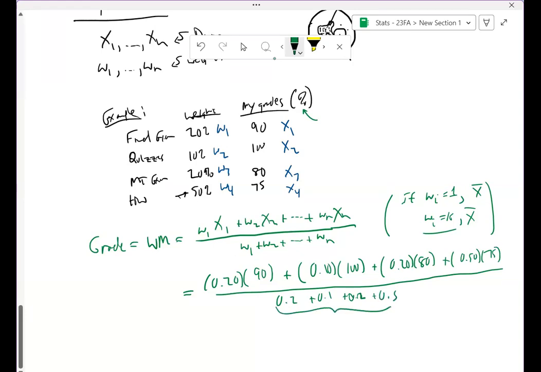And in this case, the weights sum to 1, so we can get rid of the denominator. And if we do this calculation, we get 0.2 times 90 plus 0.1 times 100 plus 0.2 times 80, and then plus 0.5 times 75, we get 81.5. And my units are percents, so 81.5% for my grade.